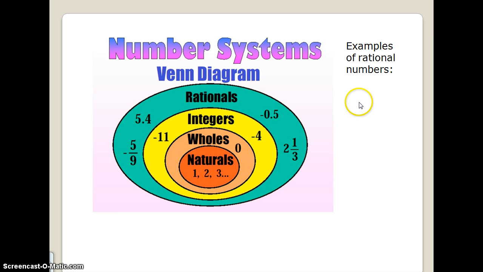So some examples of rational numbers could be something like 1/2. You could write 0.26, and it could be a negative. It could be negative 1 1/8. You could go on and on.